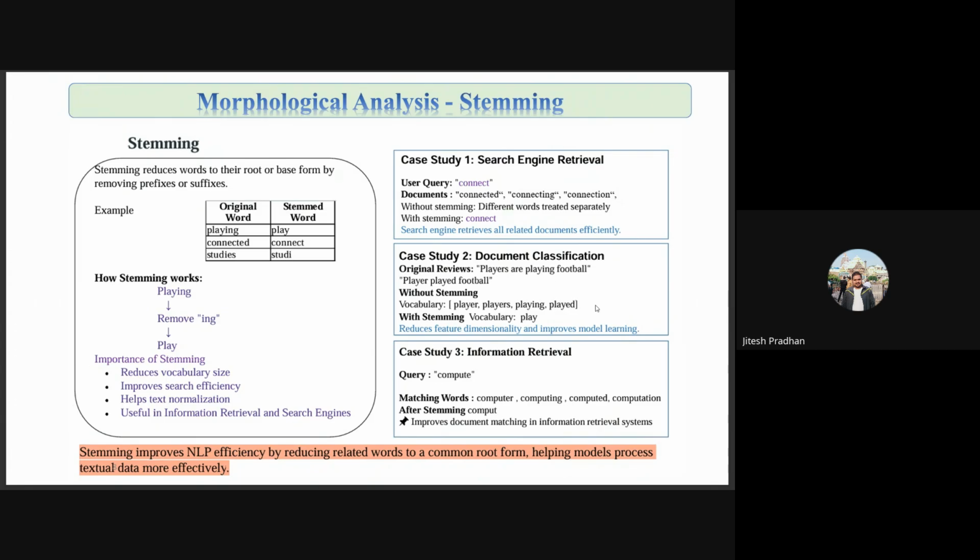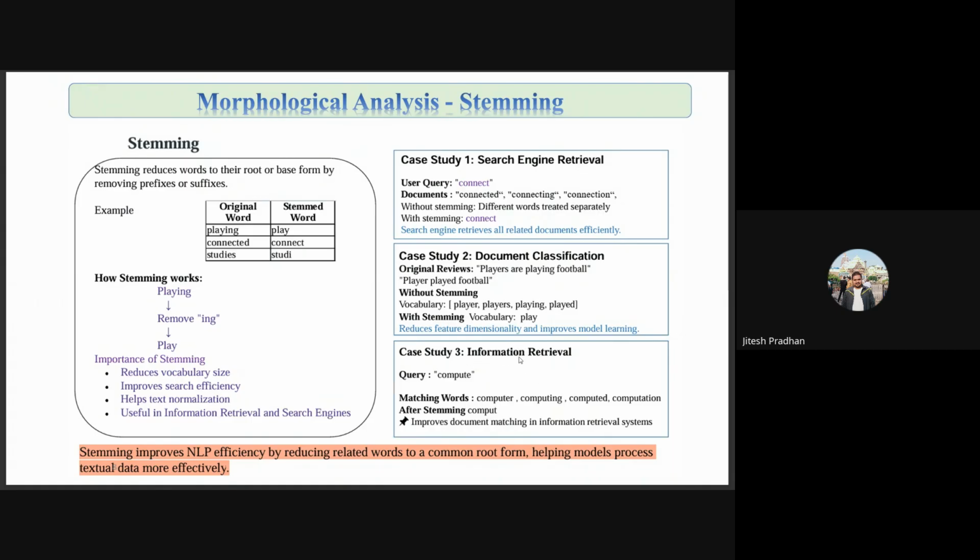The size will be 5. With stemming, these four vocabulary words will be reduced down to only 1, that is play. So it reduces the vocabulary size by keeping only meaningful, unique information. There will be no overlapping information, so the features will not overlap. It will have more unique features, so it ultimately improves the document classification result.